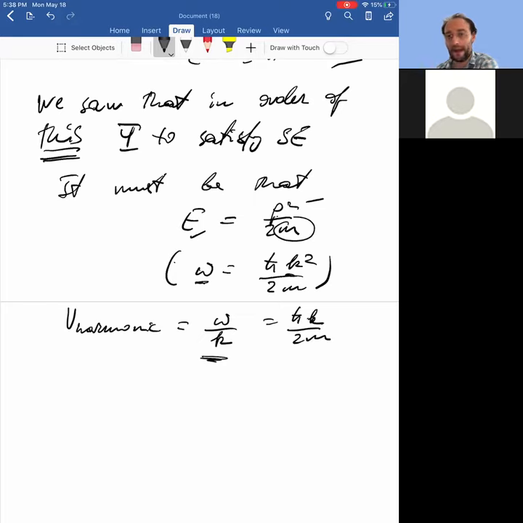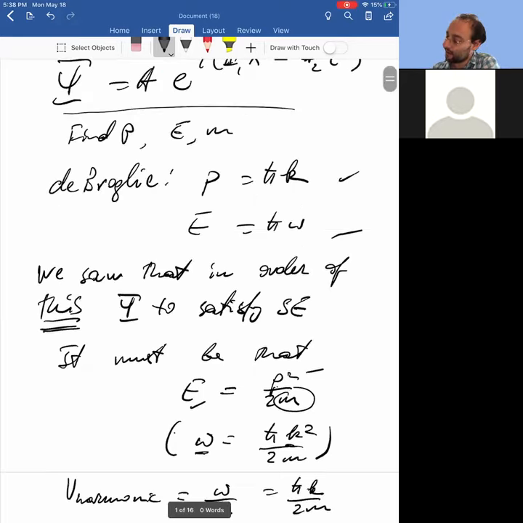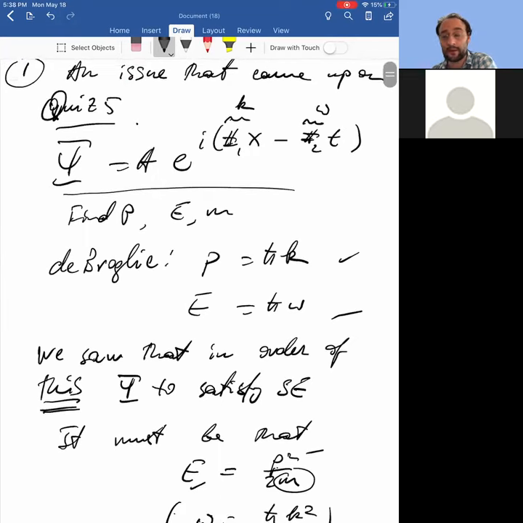Notice, by dividing omega by k, you are finding the speed with which this wave travels. This is not a quantum mechanics idea. Anytime you have a wave, water wave, sound wave, seismic wave, quantum wave, electric wave, whatever, it will have a frequency and a wave number if it's a sine wave.